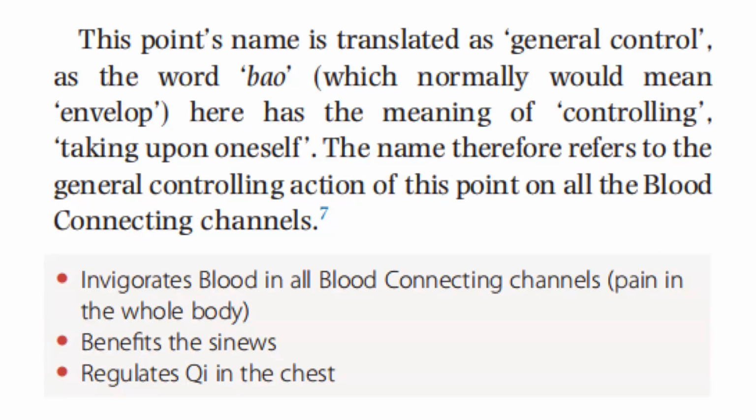The name therefore refers to the general controlling action of this point on all the blood connecting channels. So to summarize, spleen 21 invigorates blood in all blood connecting channels where it could manifest with pain in the whole body. It also benefits the sinews and regulates qi in the chest.